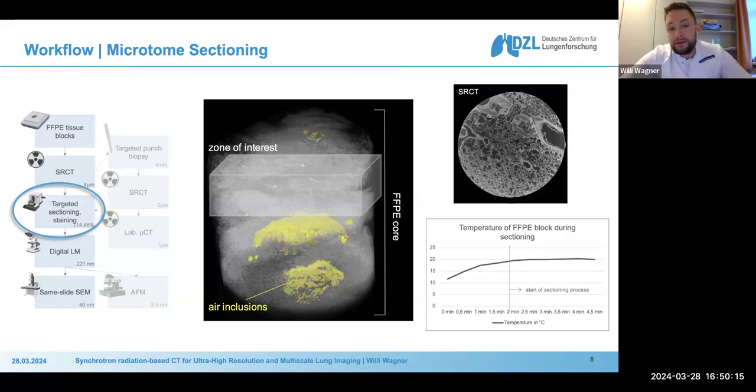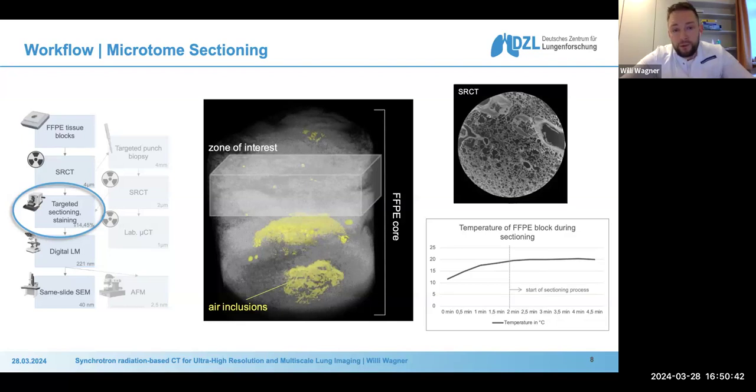Sometimes, especially in the lung, you get air inclusions within this wax, and it creates a lot of phase signal, which can be negative for our morphologic or diagnostic purposes. So you try to do the embedding as air-free as you can, working with vacuum pumps. But still, sometimes you can't avoid it.